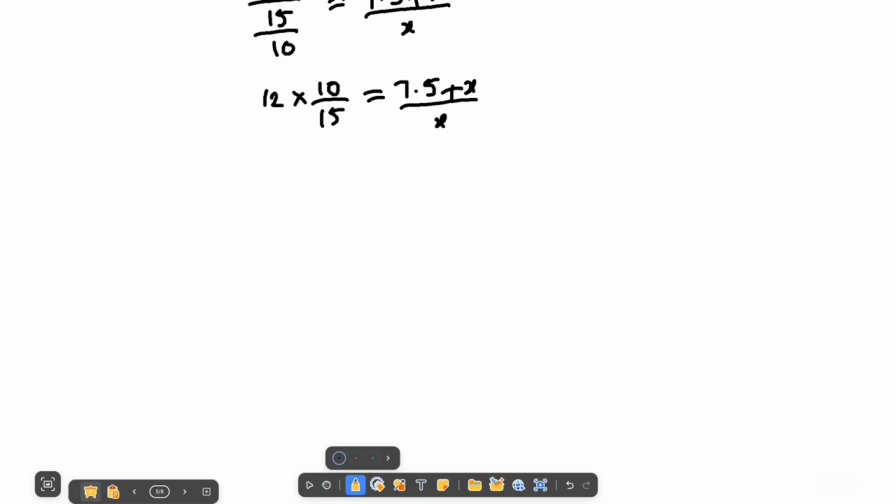So here cancellation is possible with the 3 table. 3 4s are 12, 3 5s are 15.